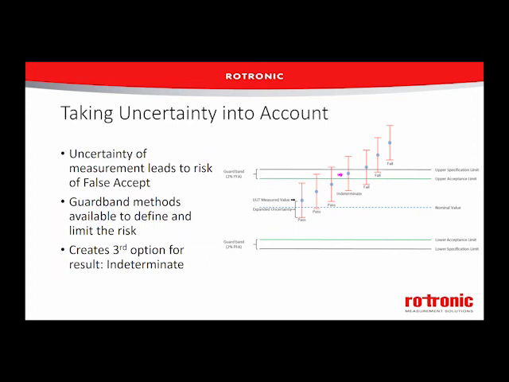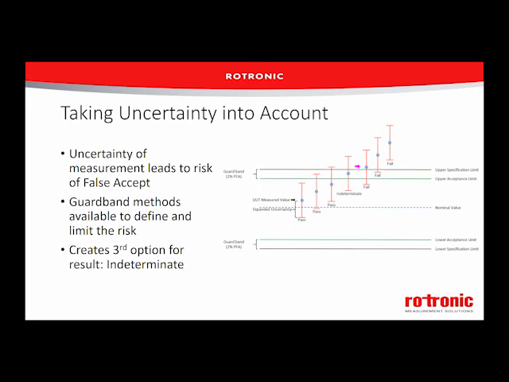The same applies the other way for these other two points: even though the point is out of tolerance, once we take into account the uncertainty, maybe we are actually in tolerance. So there is some statistical probability of this.